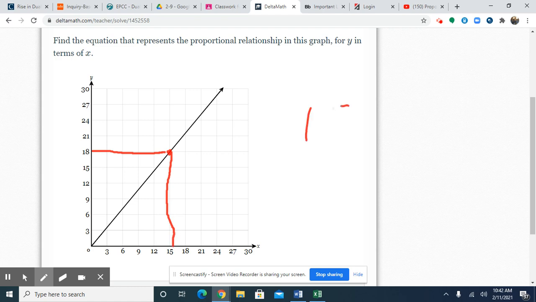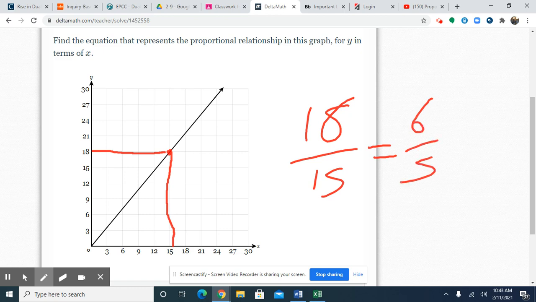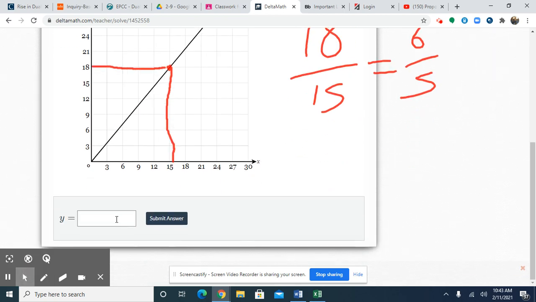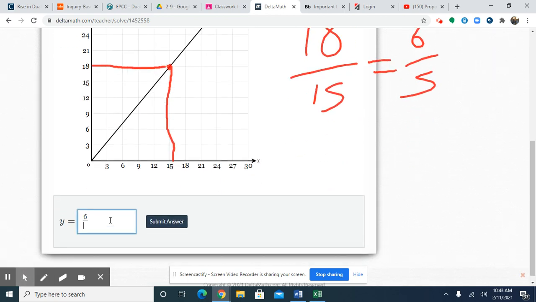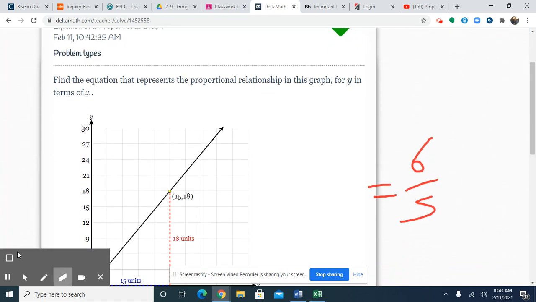So our slope would be 18 over 15, and that in itself simplifies to 6 over 5. So our equation is 6 over 5x. And we have no y-intercept, so we can just leave it like that. And that's a proportional relationship.